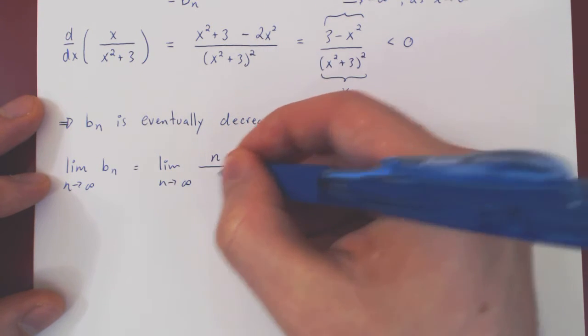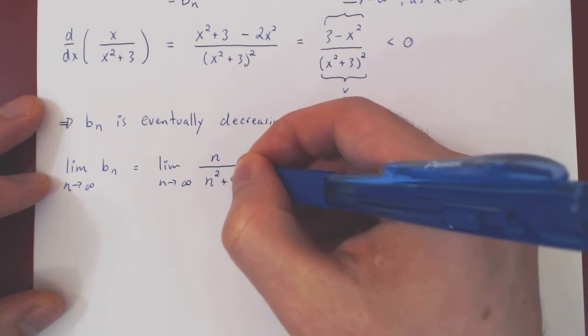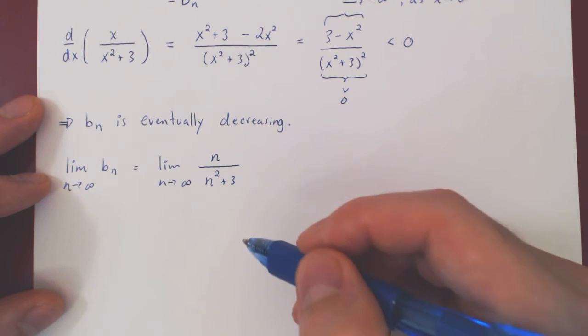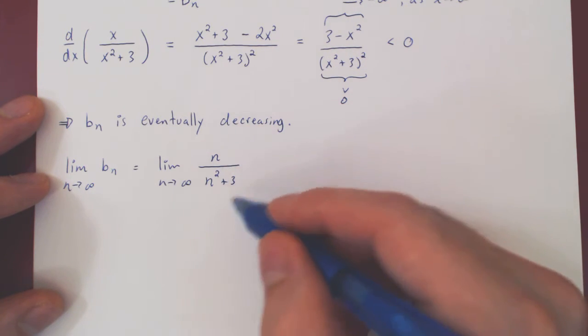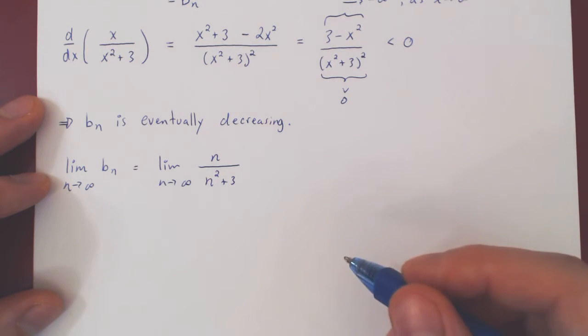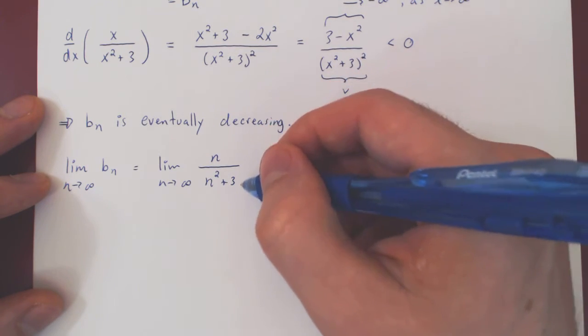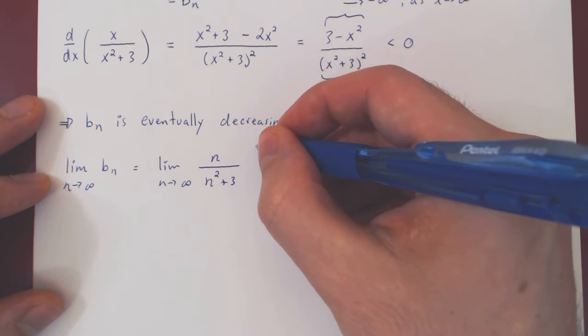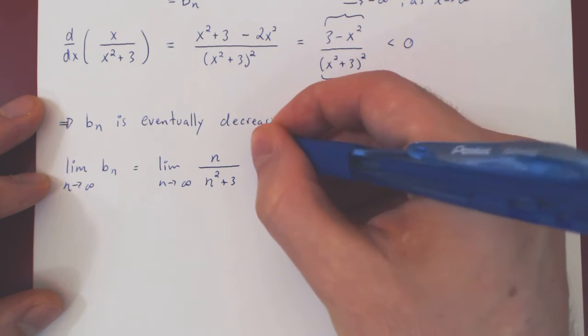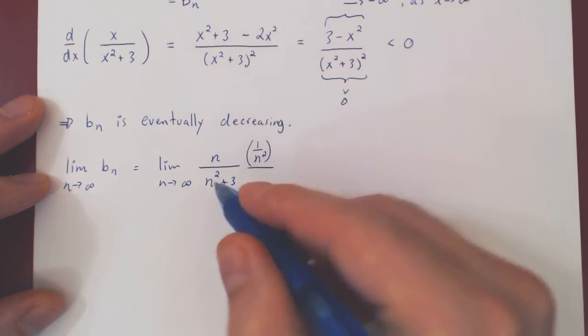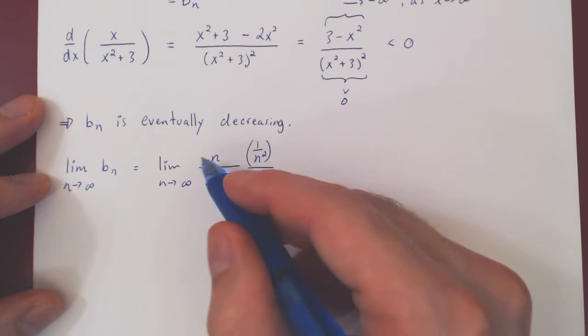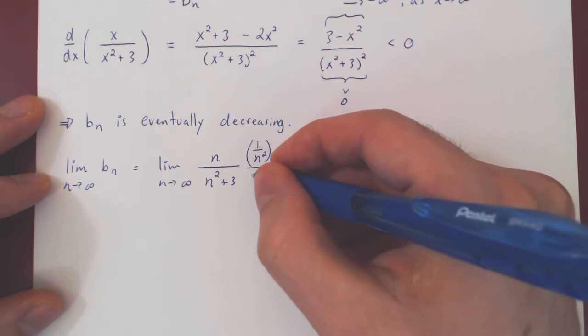Bn is quite simply n over n squared plus 3. We have an infinity over infinity case, but don't use L'Hopital's rule here. We can do much simpler. We can multiply top and bottom by 1 over n squared. You could also do 1 over n over 1 over n. This would also work.